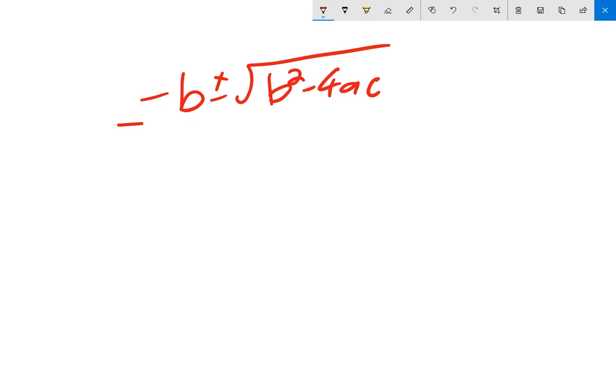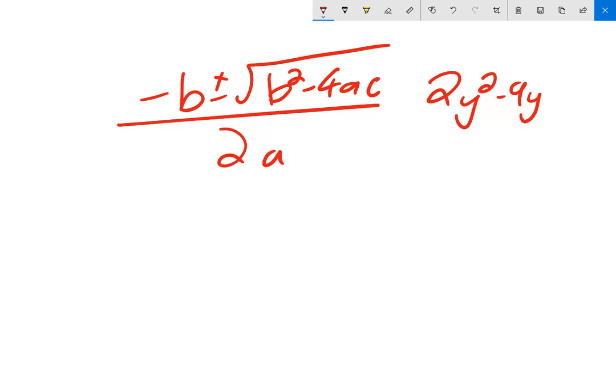You can also use the quadratic formula. So the quadratic formula is -b plus minus the square root of b squared minus 4ac, all divided by 2a. So after you move that 7, I had 2y squared minus 9y plus 7, right? So you just plug in your a, which is 2, b, which for me would be -9, and c, which would be 7.